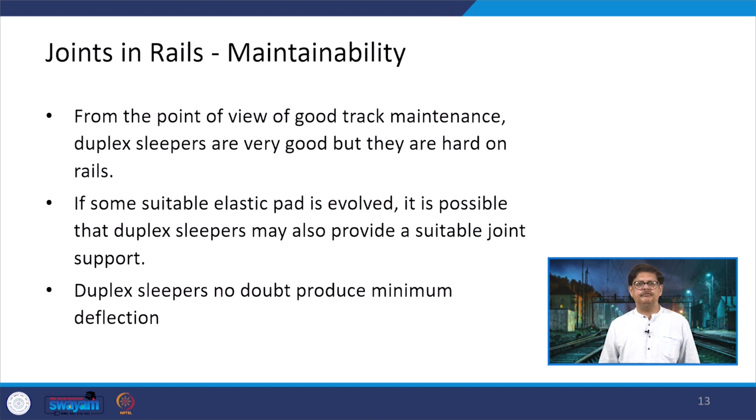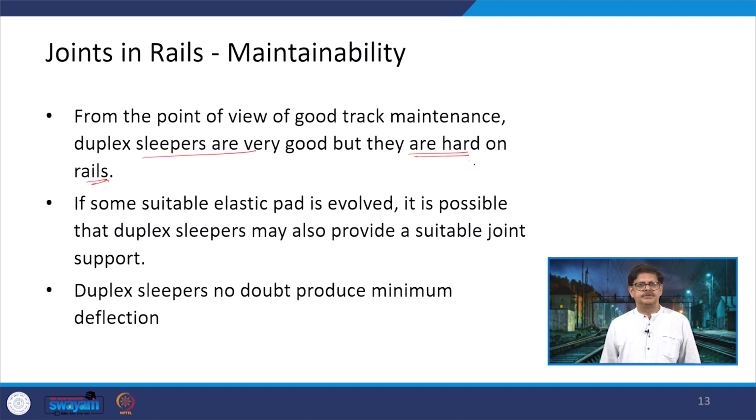Now, from the point of view of good track maintenance, the duplex sleepers are found to be very good, but they are hard on the rails. That means in the interaction with the rail, there is a possibility of more stresses getting created and wear taking place at the rail seat.